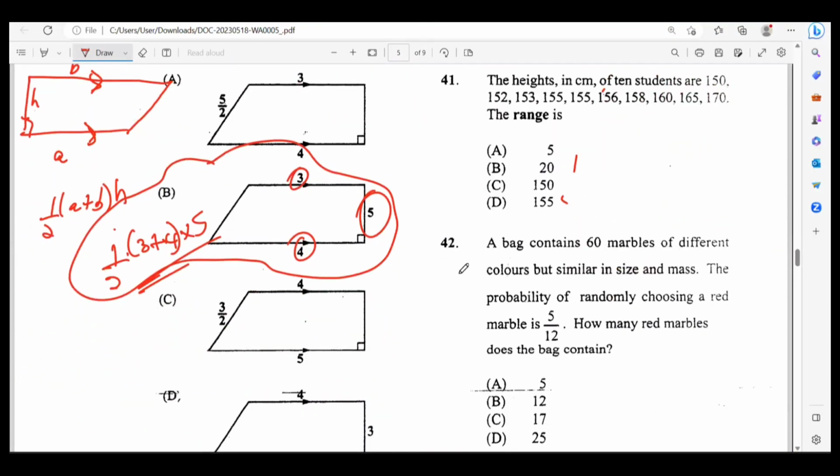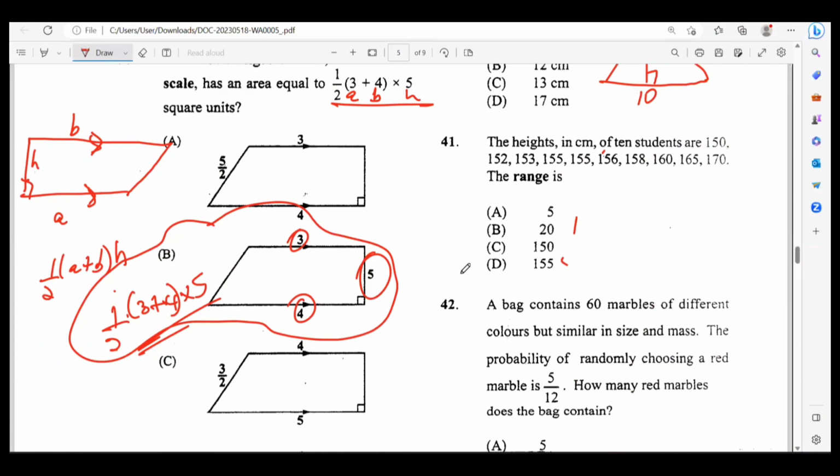All right, let's go again. Now, the heights in centimeters of 10 students are as follows. All right, so they're asking for the range. What is the range? The range is simply your highest minus your lowest.